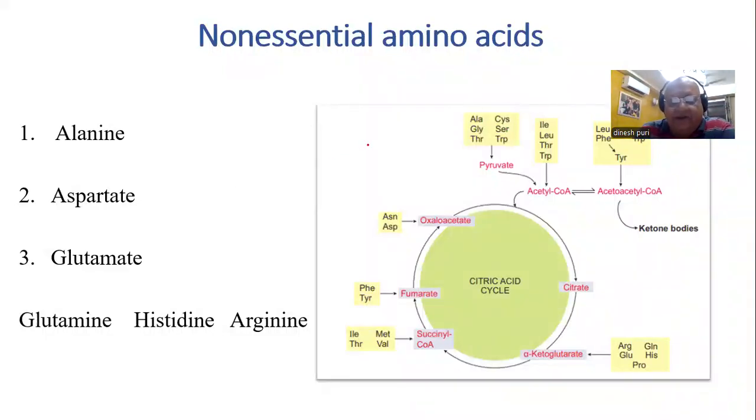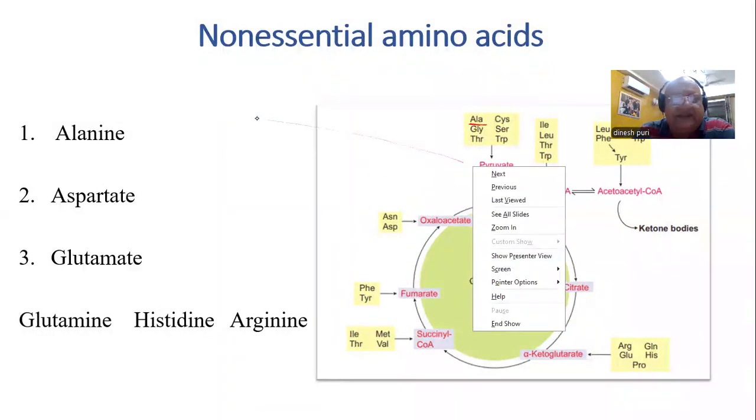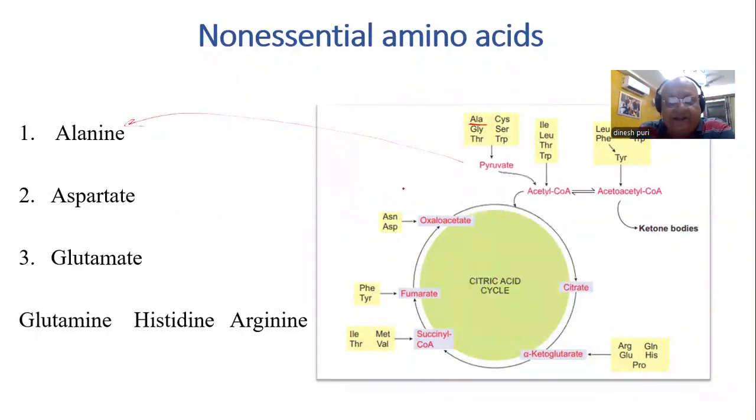Non-essential amino acid. You see, alanine, non-essential, because it can be synthesized from pyruvate. There's a reaction called transamination reaction. This reaction is catalyzed by an enzyme you will study in detail, ALT, alanine transaminase, which synthesizes alanine from pyruvate.